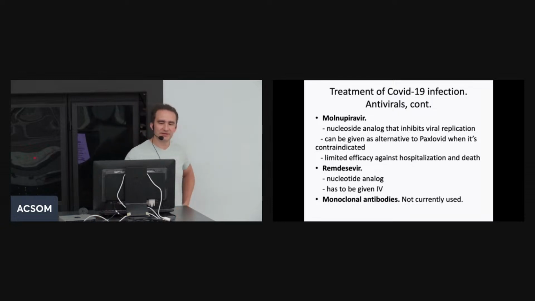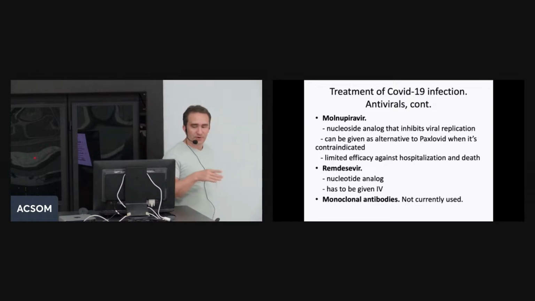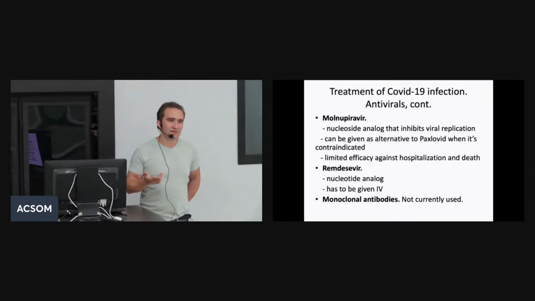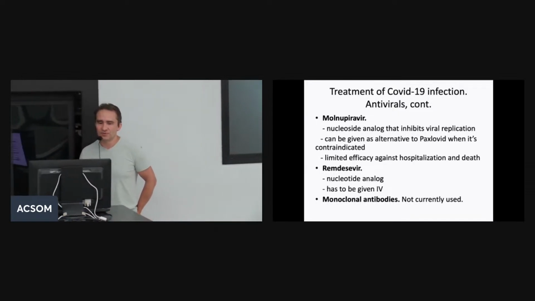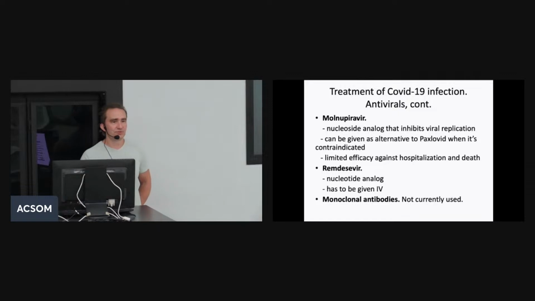Another medication we start using pretty early is remdesivir. They did studies in outpatients. The problem is that it's IV. You cannot just give it to anybody. You have to put in an IV line and give it. But when it's given early, it showed very good results, an 80-90% decrease in hospitalization if you give it early.